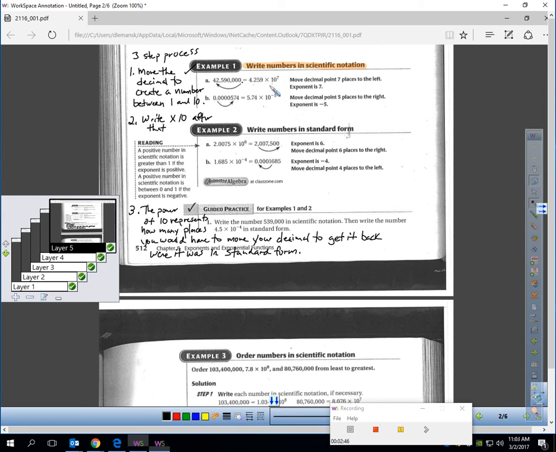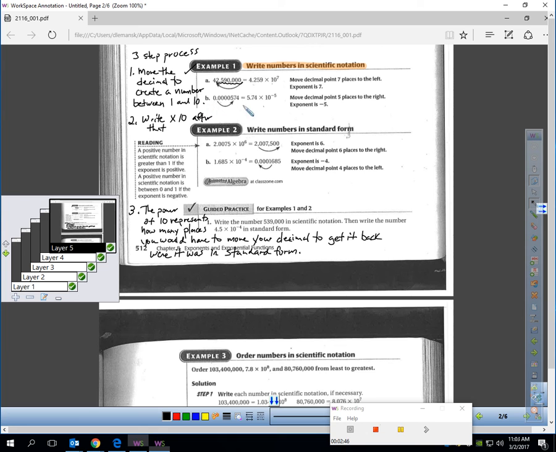And then step 3, if I want to write my exponent, it should match how many places I would have to move the decimal to get it back where it was. Let me count. I'd have to go 1, 2, 3, 4, 5, 6, 7 places to get it back where it was. That's why I have 7th power. So this number is 4.259 times 10 to the 7th power in scientific notation.